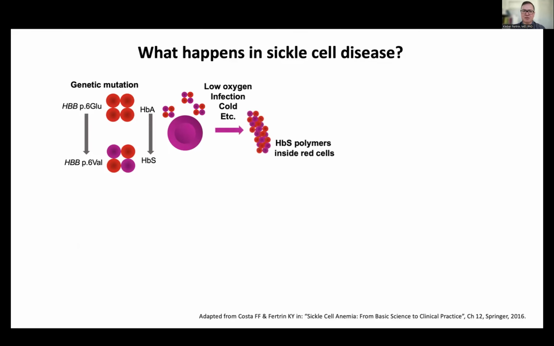And under certain circumstances, such as low oxygen, infections, exposure to cold, it can polymerize inside the red cells. These polymers cause red cell damage, which we usually think about as sickling, but in general, it doesn't have to make the cell a sickle shape for the red cell to be damaged.